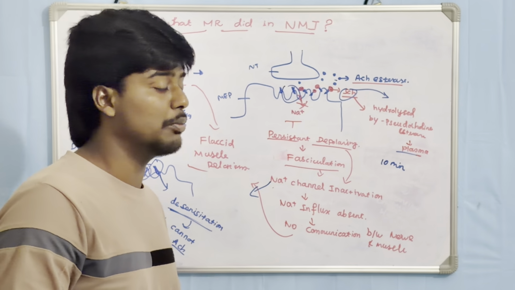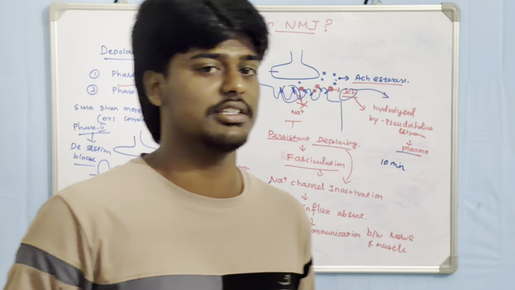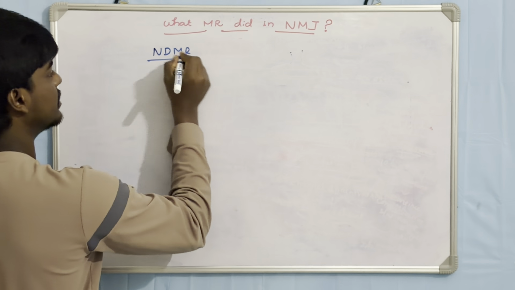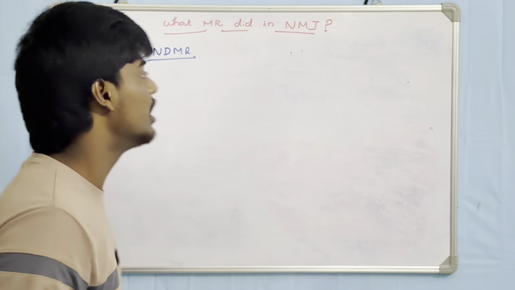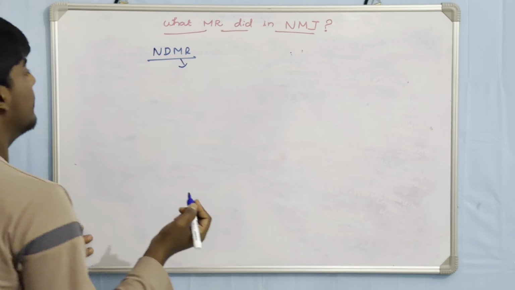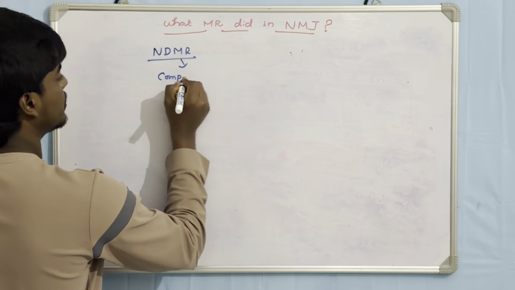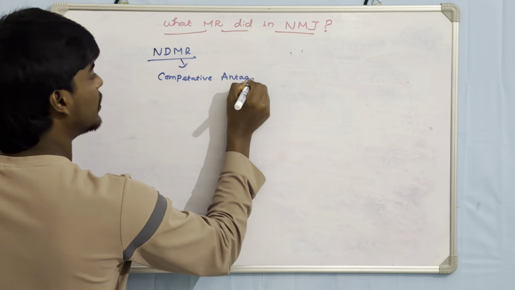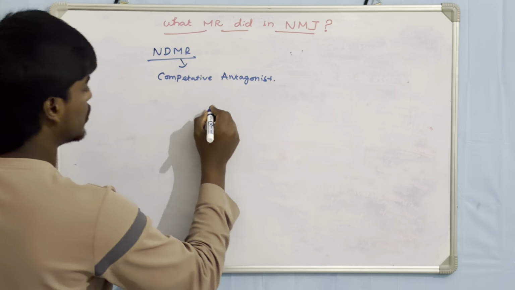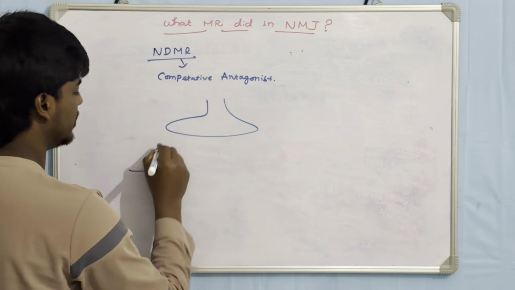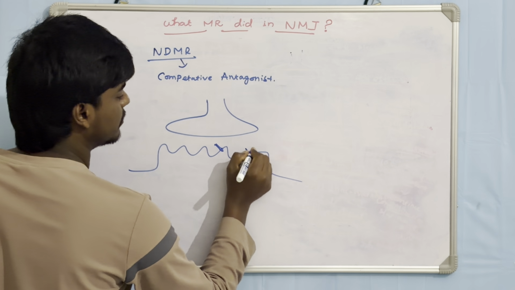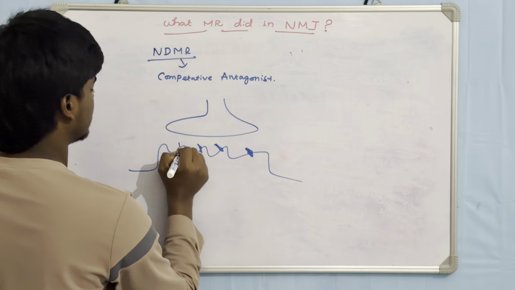Next we will discuss non-depolarizing muscle relaxants at the neuromuscular junction. All types of non-depolarizing muscle relaxants have the same mechanism of action, that is competitive antagonism. So this is the nerve terminal and the muscle, and this is the acetylcholine receptor.